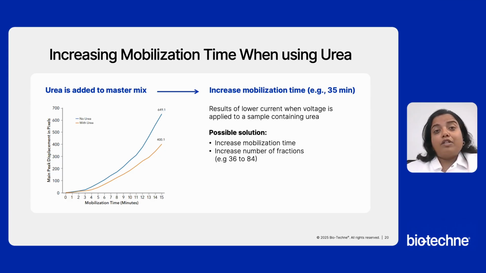This could be the result of the lower current after applying voltage to the samples containing urea. We recommend increasing the mobilization time to 35 minutes to ensure that the desired charge variants are close to the capillary end when starting the fractionation step.